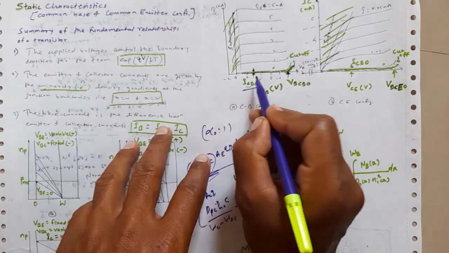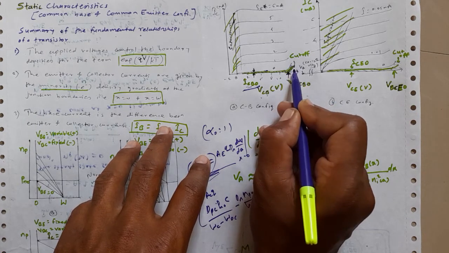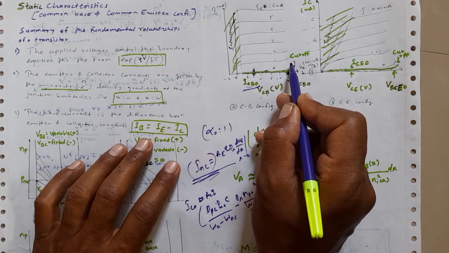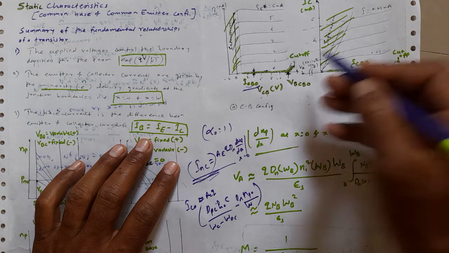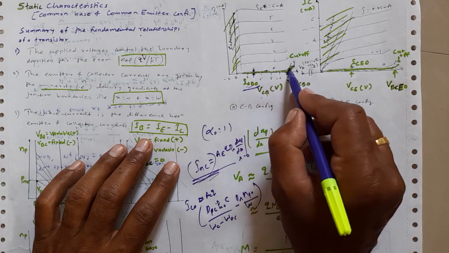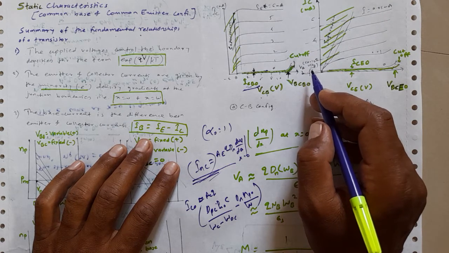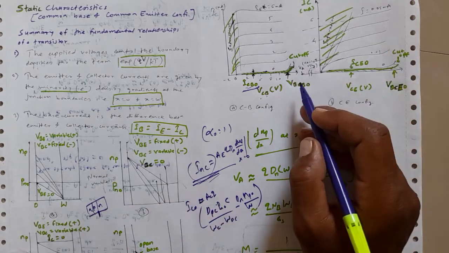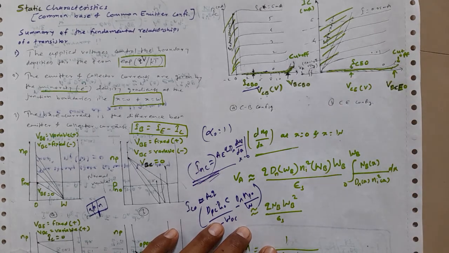It stays at a small value and suddenly goes on increasing in this region, where the curve turns upward. This increase is because of the avalanche breakdown of the collector base junction, when the depletion region gets overcome up to the collector.